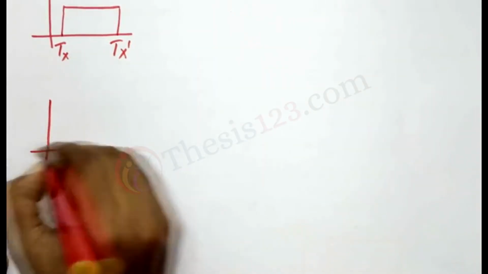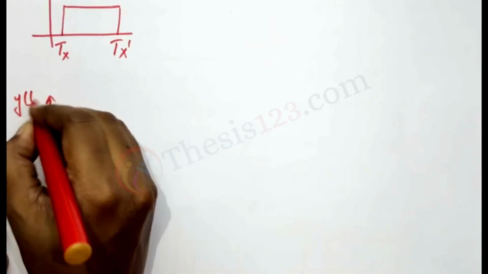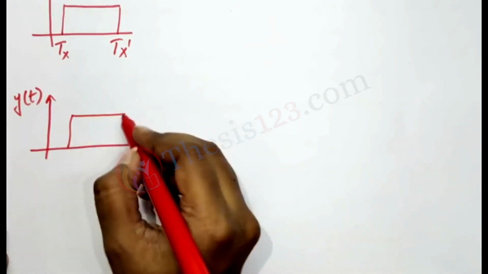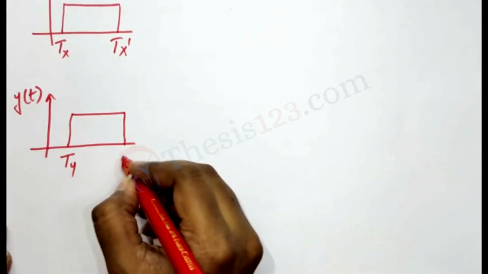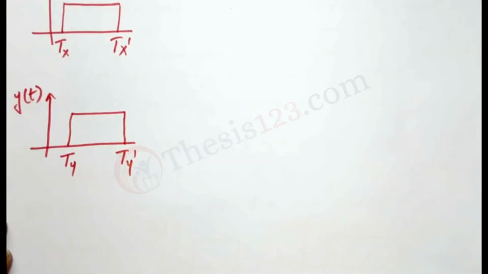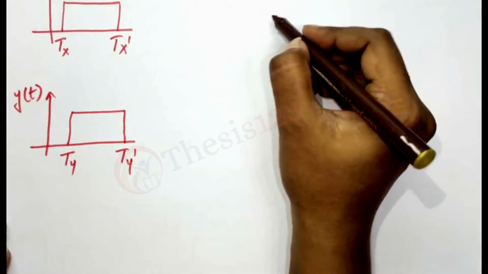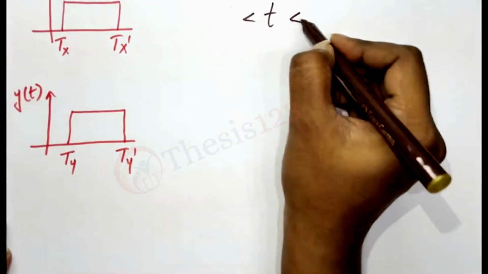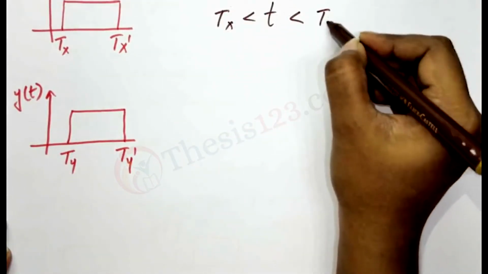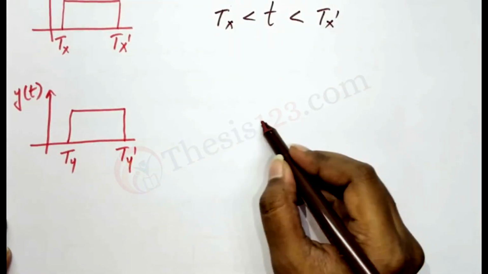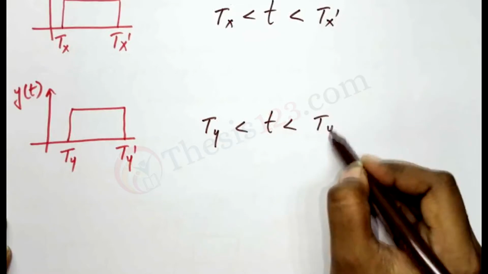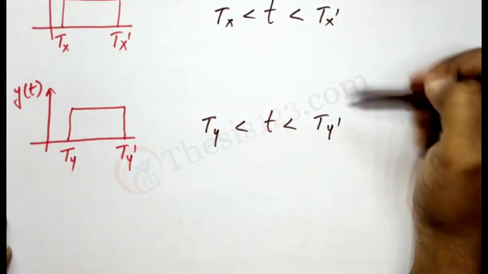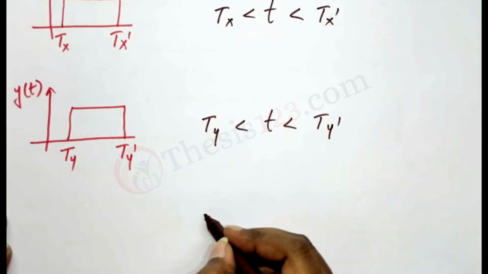And then we have the function y of t, forgive my rough drawing, for the bounds ty and ty dash. Now in this case, the question tells us that the function is non-zero for tx and tx dash, and here for y of t, it is non-zero at ty and ty dash. So the convolution of both of these gives us z of t.